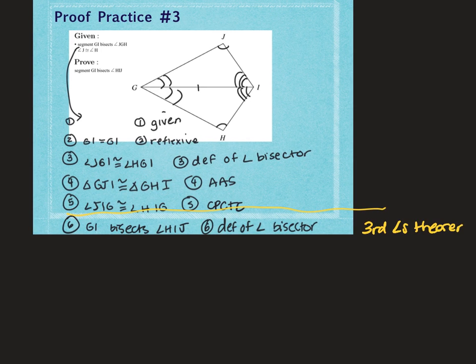On number 5, oh yeah, 5 could have been the third angles theorem. That would have worked too, yeah.